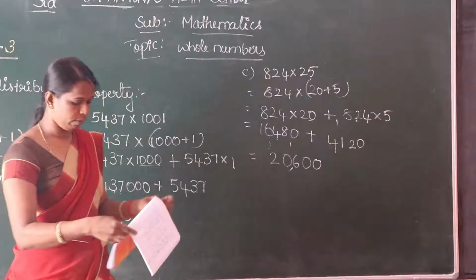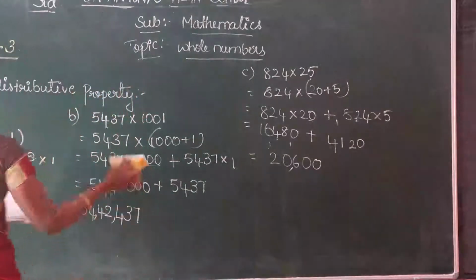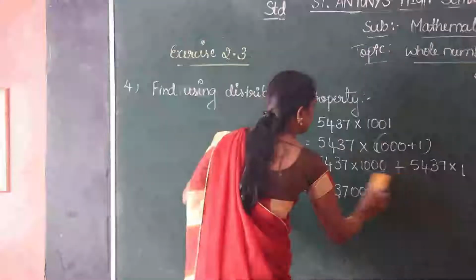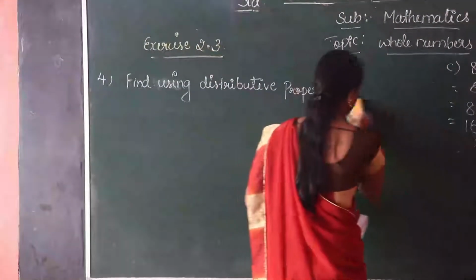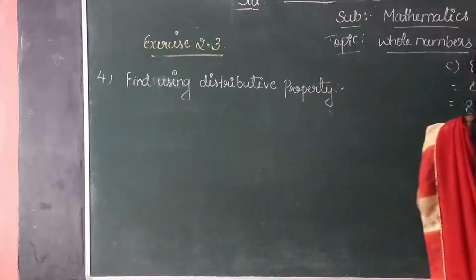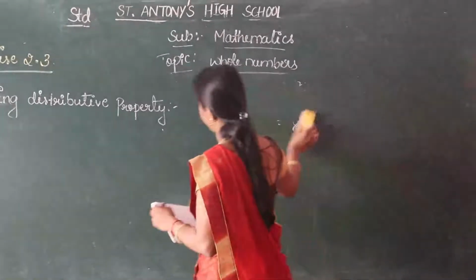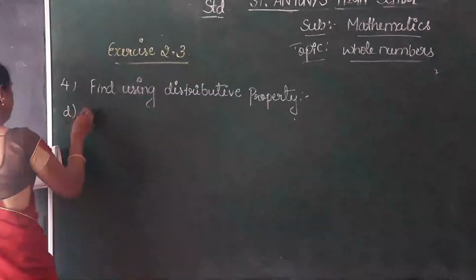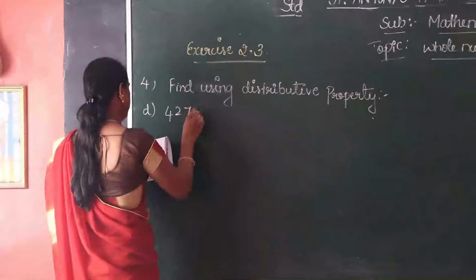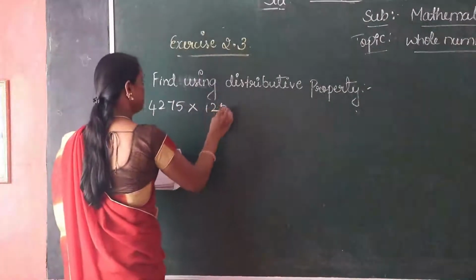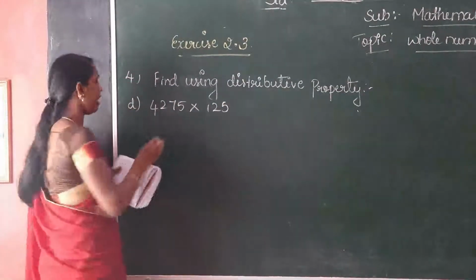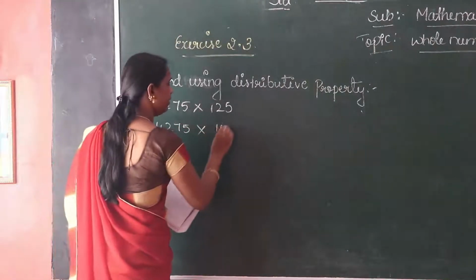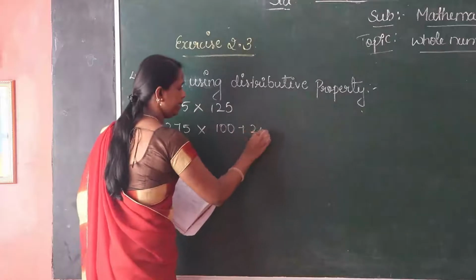So next sum, fourth sum. 125 can be written as 100 plus 20 plus 5.